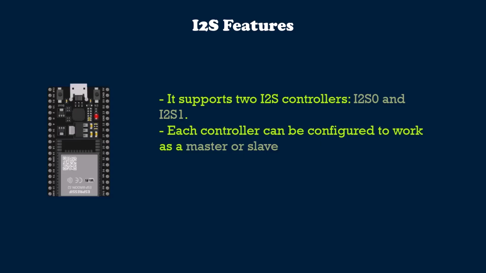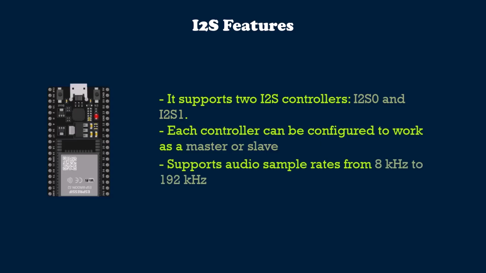And it supports audio sample rates all the way from 8 kilohertz up to 192 kilohertz, which is perfect for music playback. Now, in our project, we're going to use the ESP32's I2S peripheral in master transmit mode, right? Because basically, we're sending digital audio out to the DAC, and that DAC acts as the receiver here.